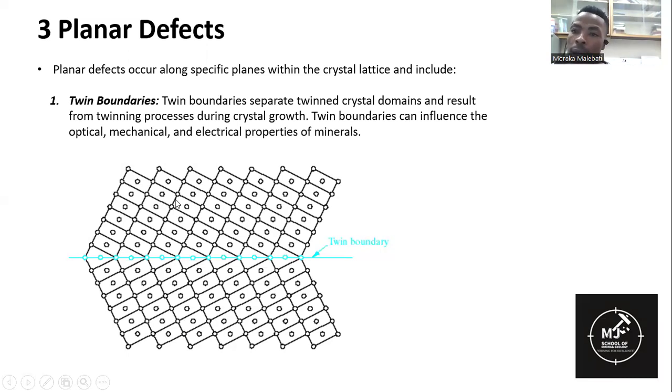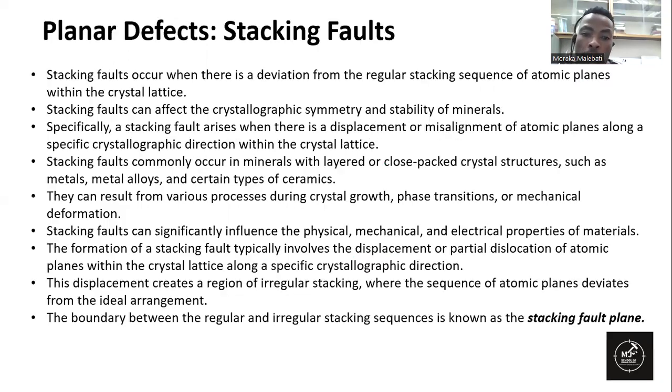Twin boundaries separate twin crystal domains and result from the twinning process during crystal growth. Twin boundaries can influence the optical, mechanical, and electrical properties of minerals. So if you share the boundary, then you result in what you call the twin boundary.